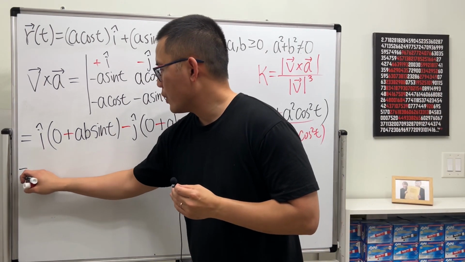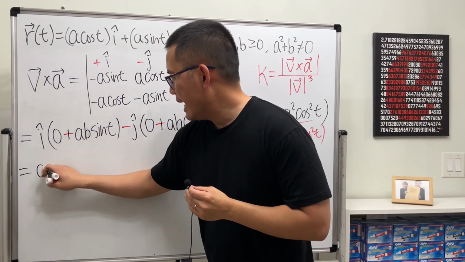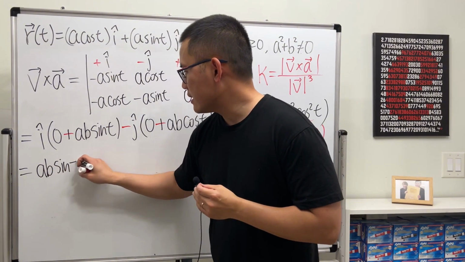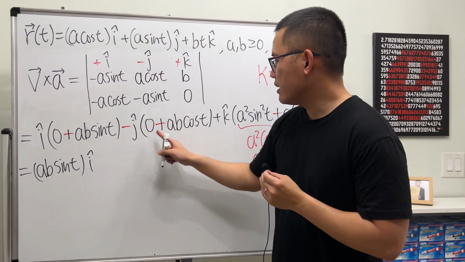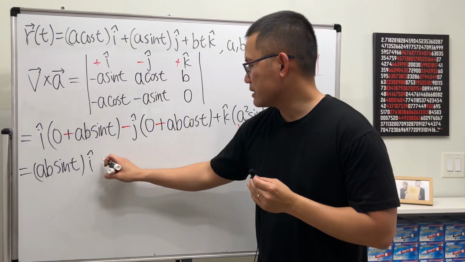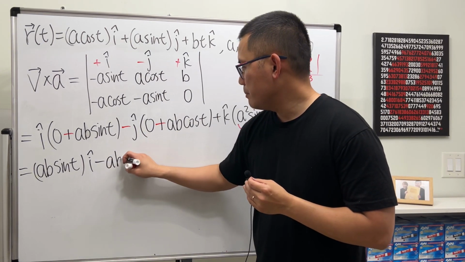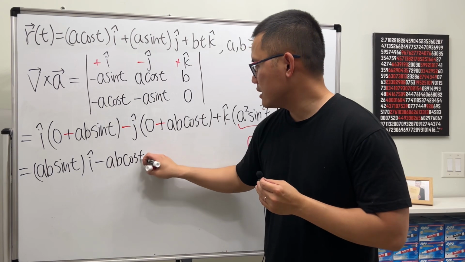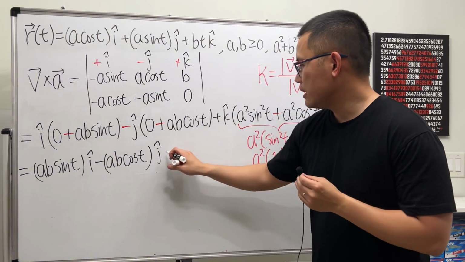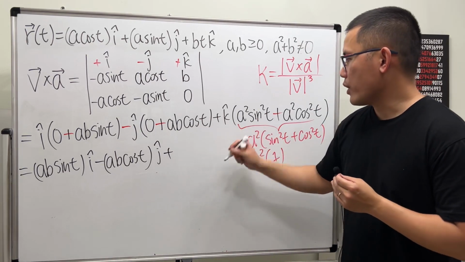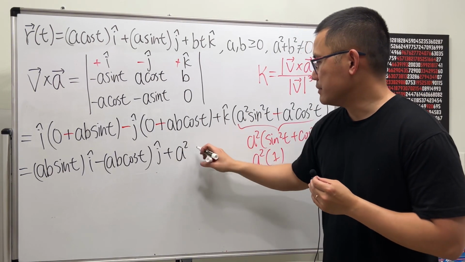So all in all, we are going to get ab sine t in the i component. And then right here is negative times that, so it's minus ab cosine t times j. And then finally plus just a squared times k.